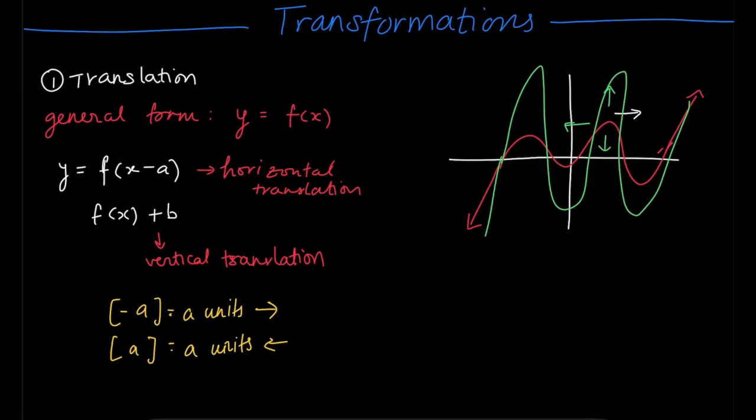And if we have b, then if we have positive b, we move b units upwards, and if we have negative b, we move b units downwards. And that's it for translation.